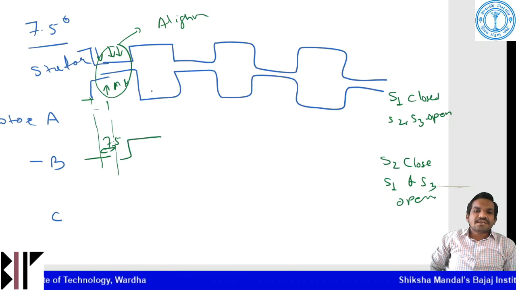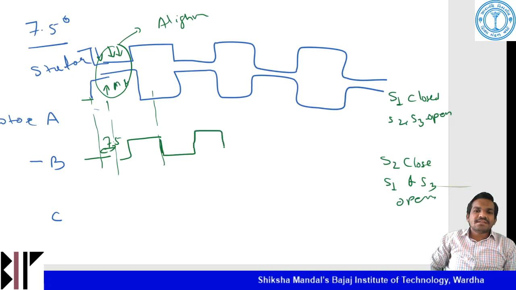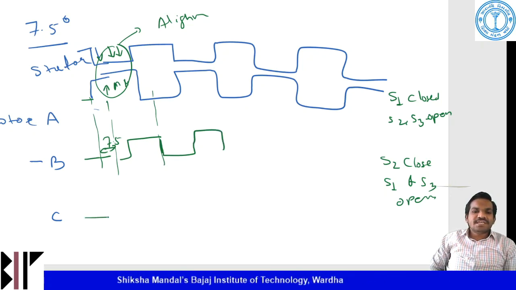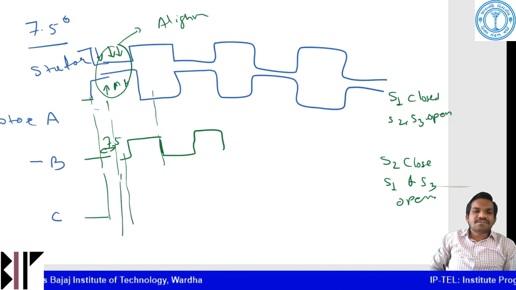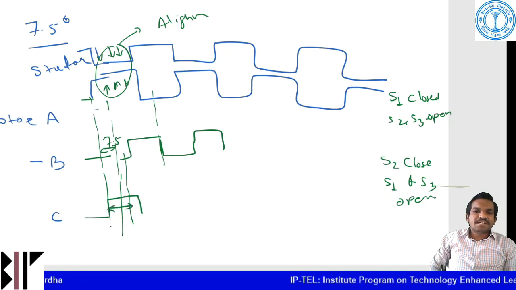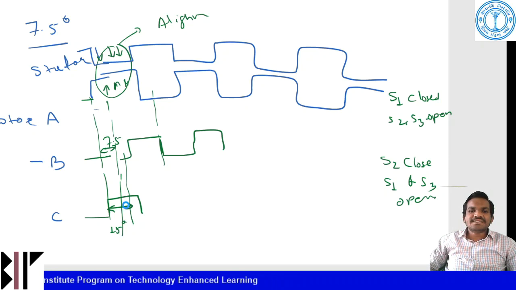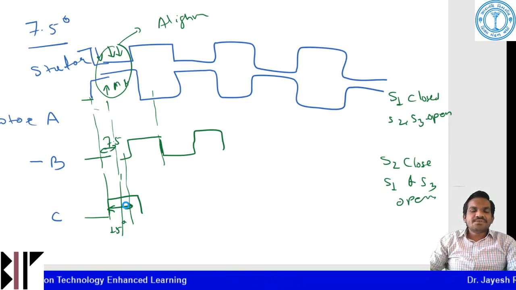Again there is 7.5 here, so 7.5 displacement will be there. Again for C it will be 15 degree of displacement. This is 7.5, this is 15 degree, so the total displacement is 15 degree. I hope you understand this. If you have any doubt you can ask me.